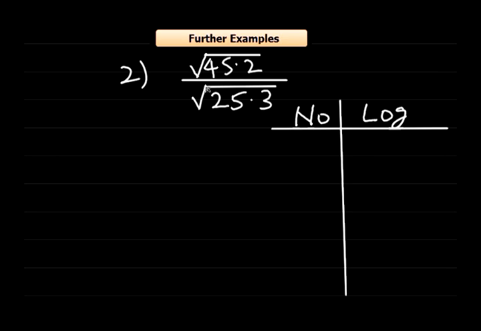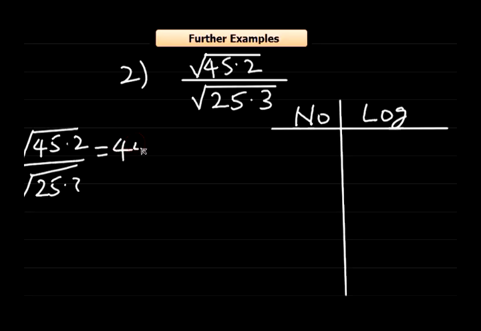Root 45.2 all over root 25.3 is equal to 45.2 raised by 1 over 2 all over 25.3 raised by 1 over 2.